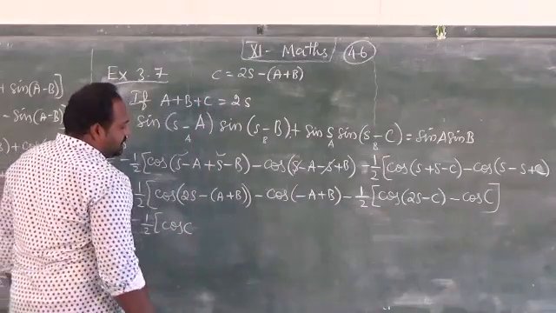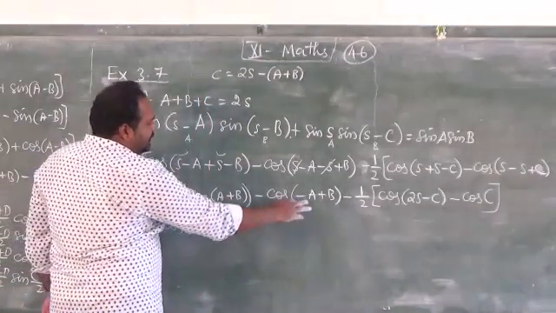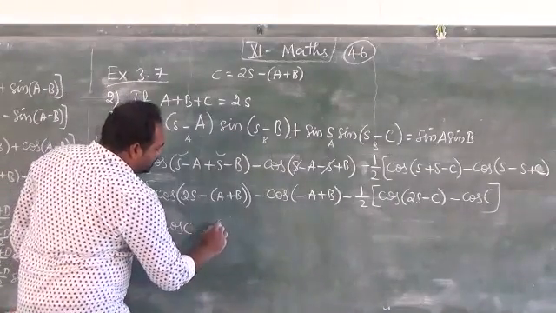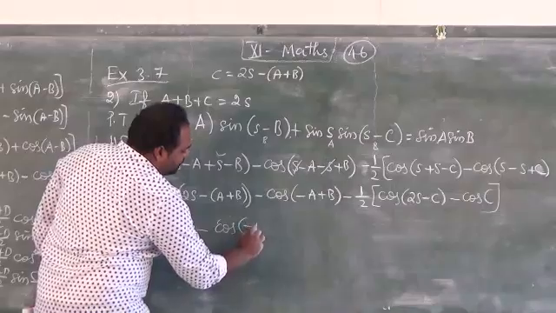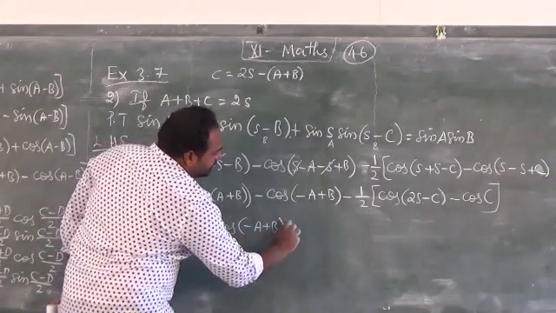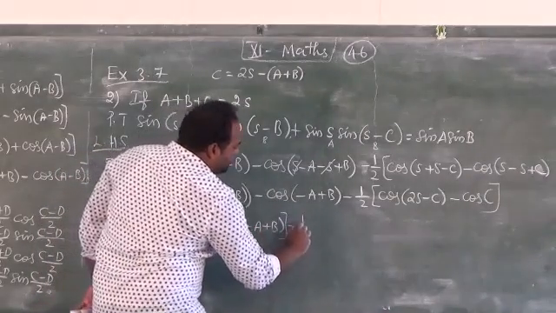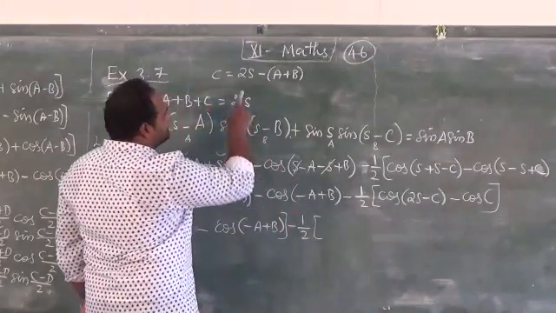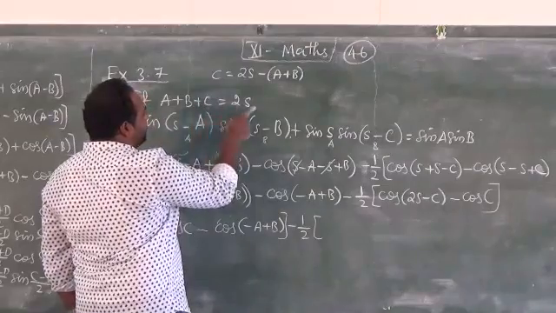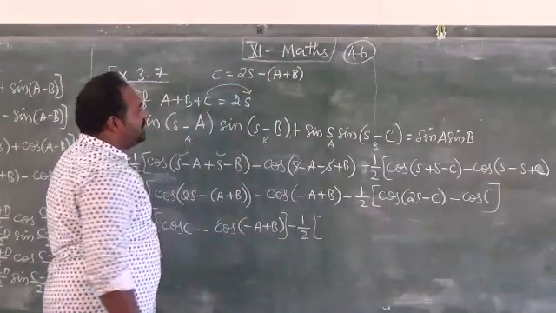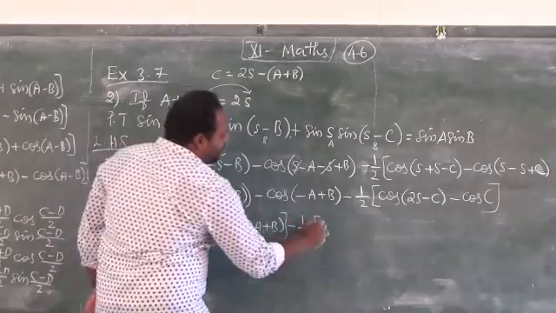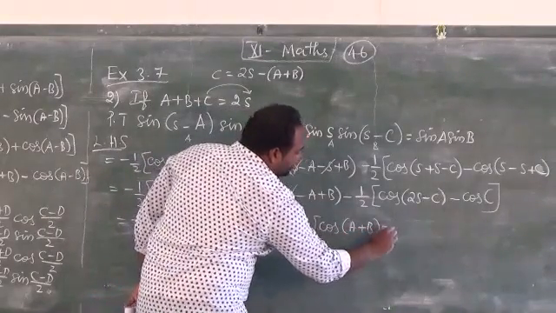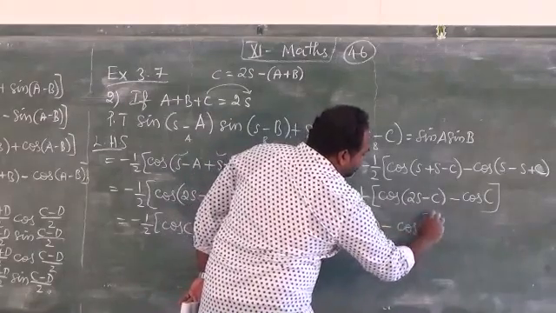So cos c minus (a + b), keep it as it is. Then minus 1 by 2 into 2s minus c. If you bring this side, it is 2s minus c. Instead of that, I can write cos of (a + b) minus cos c.